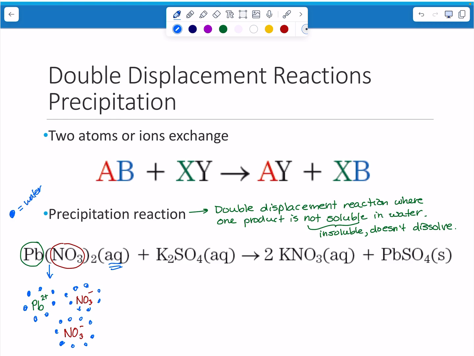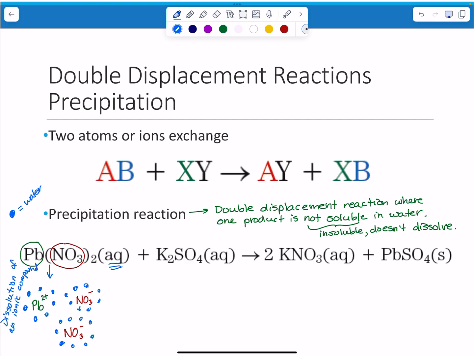Now, if I have a molecular compound, something that's not ionic, a covalent compound, they can dissolve in water too. So if you take sugar, the sugar molecules are going to stay intact, but they're going to become surrounded by water too. So this is dissolution of an ionic compound.